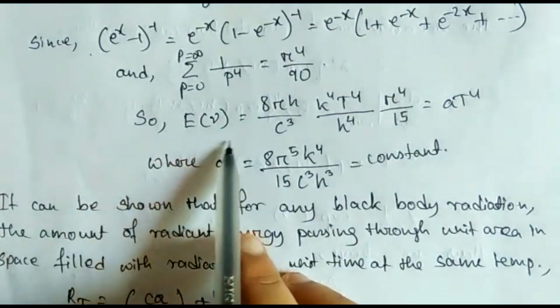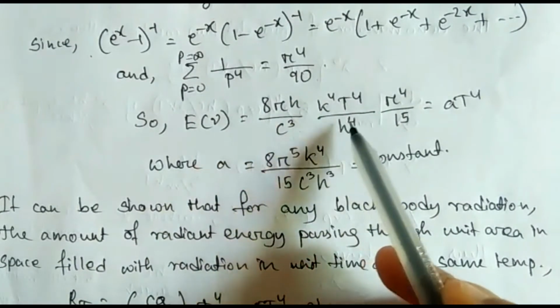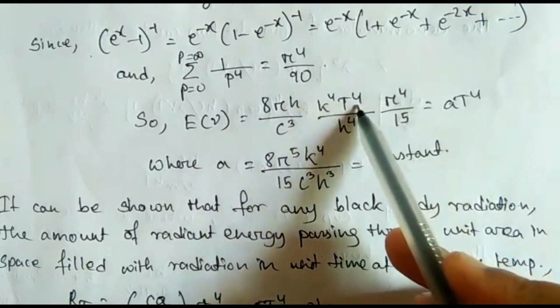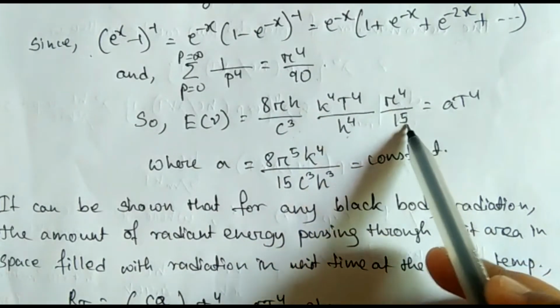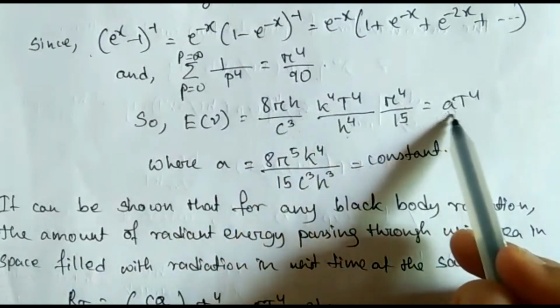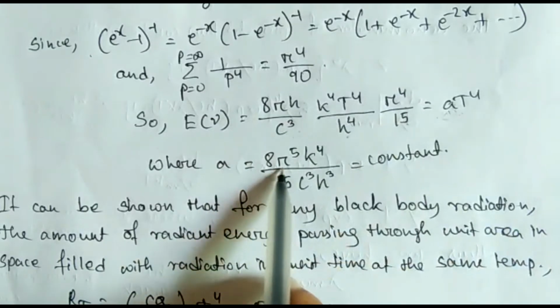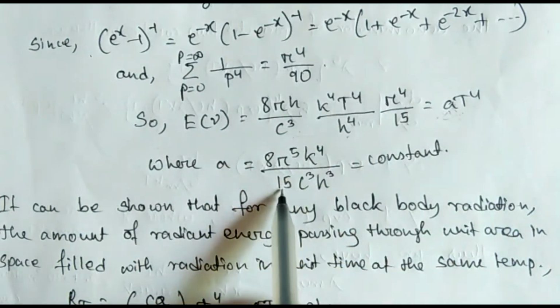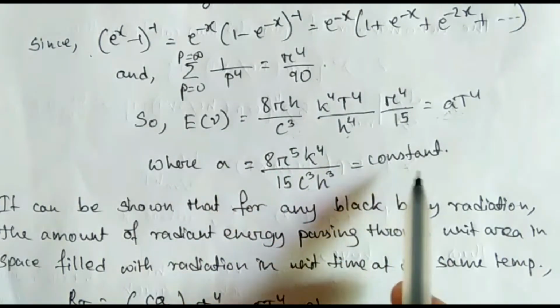So E nu, that is energy density, becomes 8πh by c cube, k to the power 4 T to the power 4 by h to the power 4, pi to the power 4 by 15, and simply we can write this as A T to the power 4, where A is this term, 8 pi to the power 5 k to the power 4 by 15 c cube h cube, which is constant.